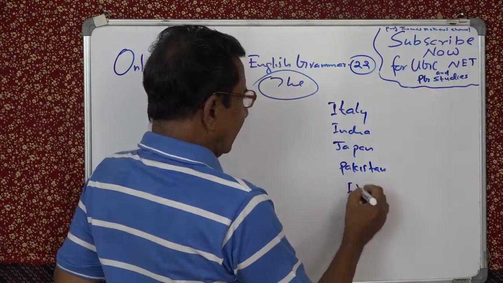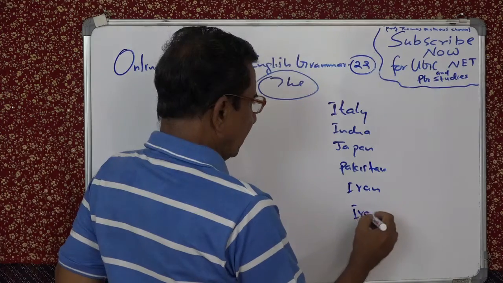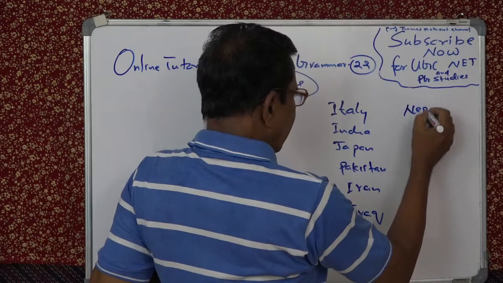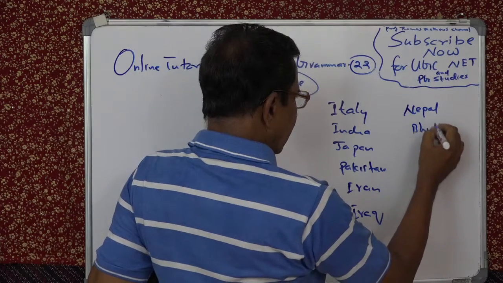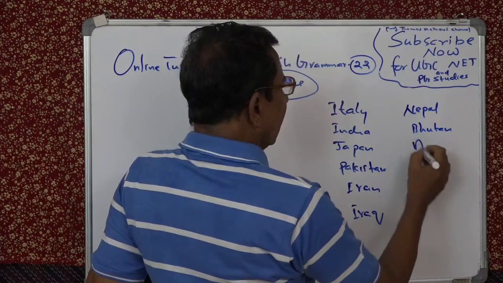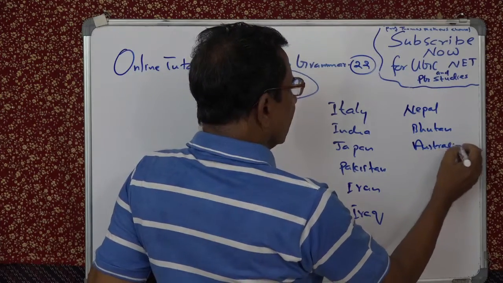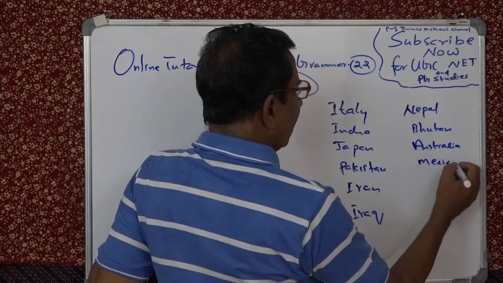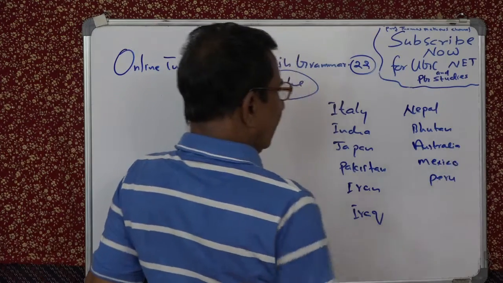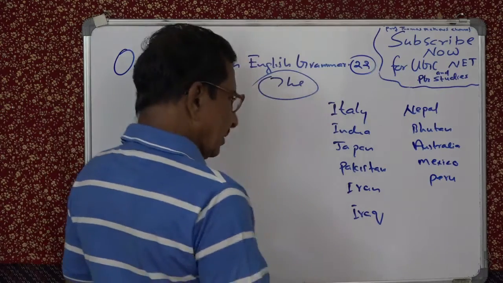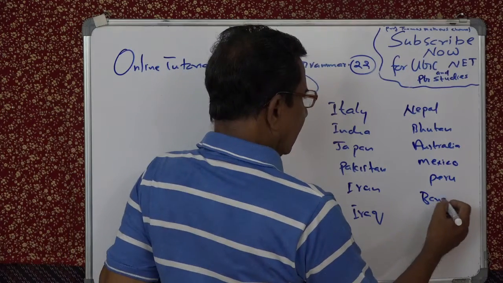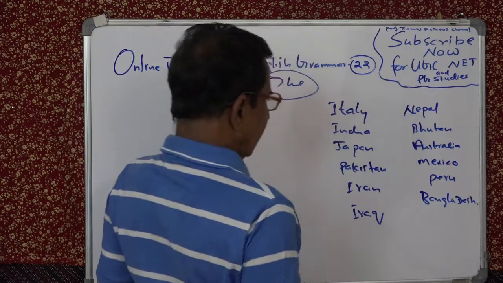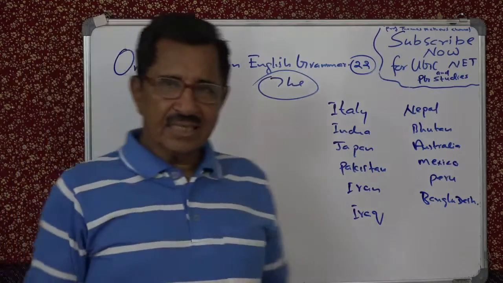Pakistan, Iran, Iraq, then Nepal, Bhutan, Australia, Mexico, Peru. Then what else do you have? Bangladesh. Then Pakistan we have written. So these are names of countries.